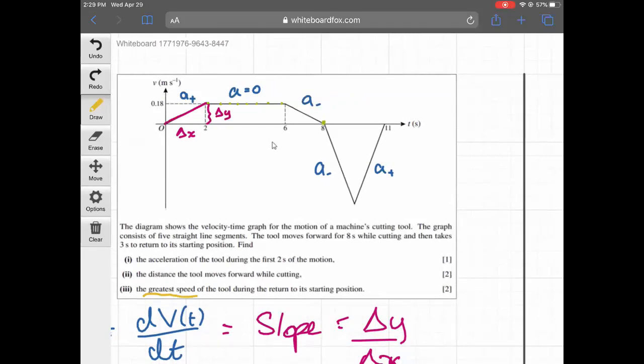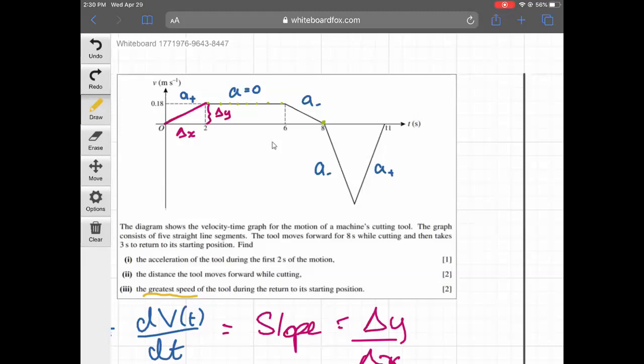The rate. So this is going to be where the height of the graph is either at its highest point or at its lowest point.